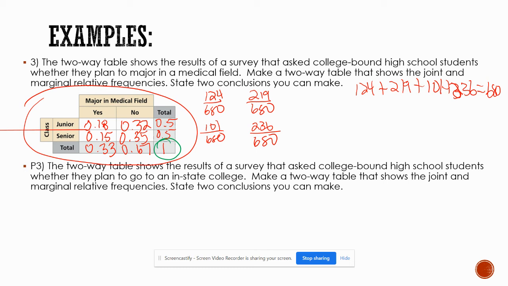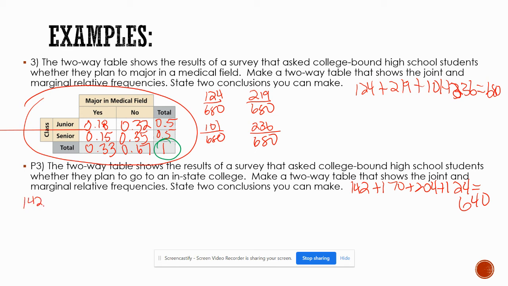All right. So for practice 3, we again have the in-state college for juniors and seniors. The first thing we need to do is find the total that would be in our lower right-hand corner. So 142 plus 170, 204, and 124 gives us a total of 640.